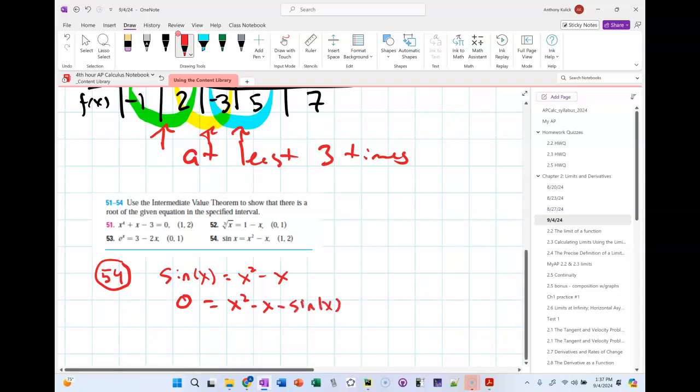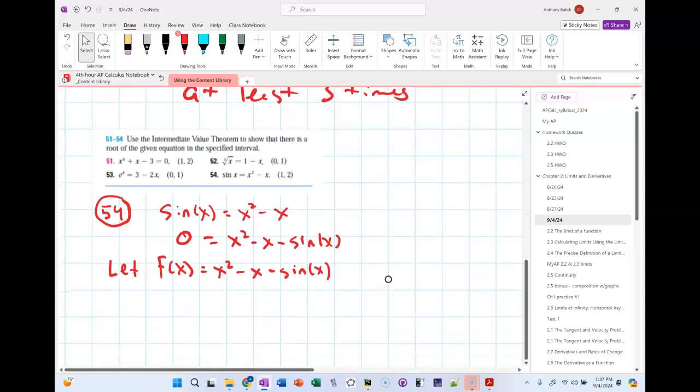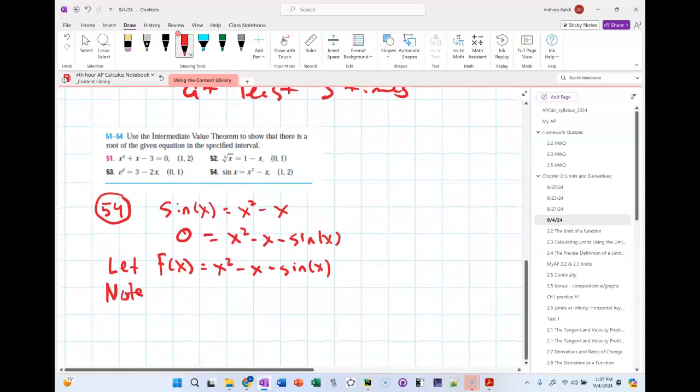So like that. And then I'm going to say let f of x equal that right-hand side. I'm going to note that f of x is continuous.